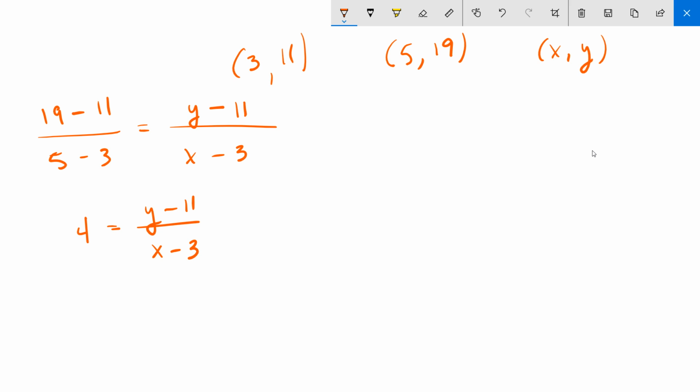I'm going to bring the denominator over to the other side, so I have 4 times x minus 3 equals y minus 11. Now what do I do? Distribute. We have 4 times x, and then 4 times negative 3. What is that?